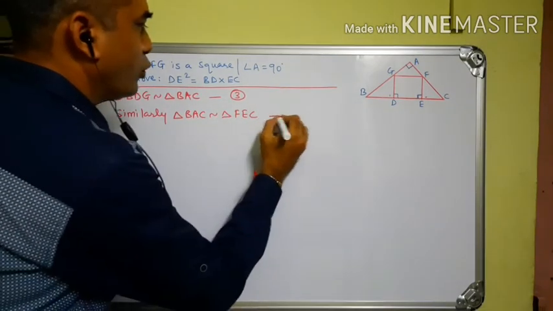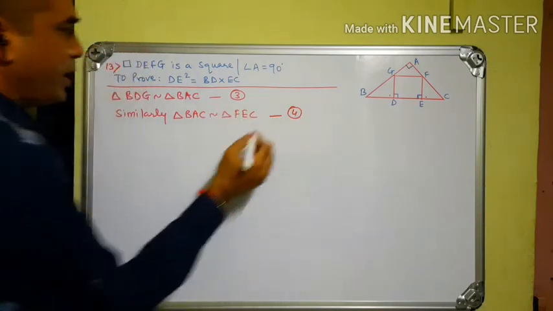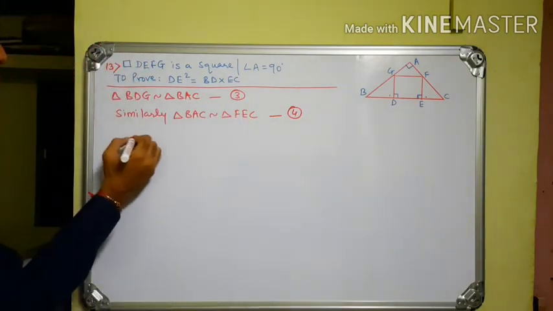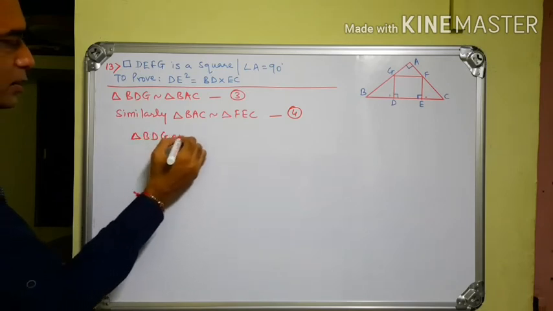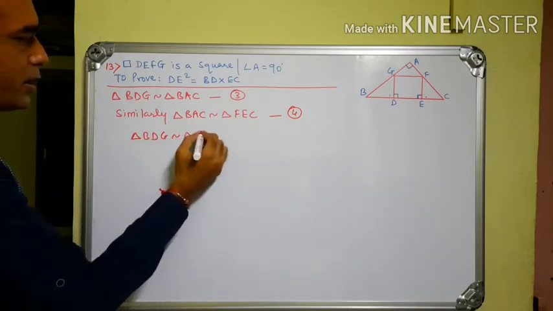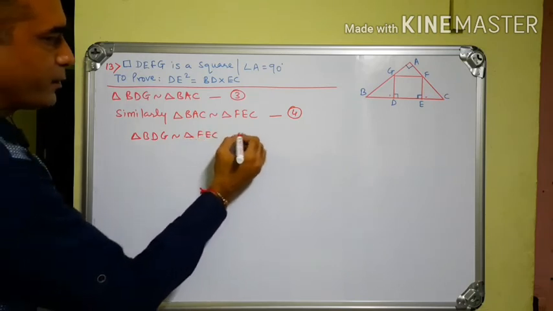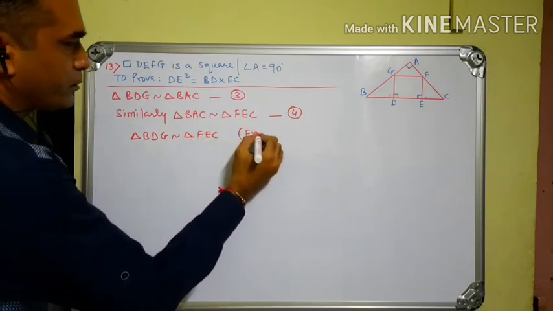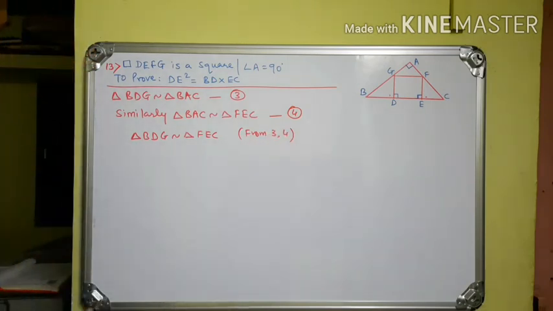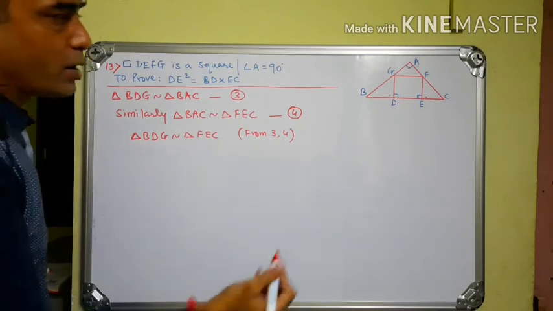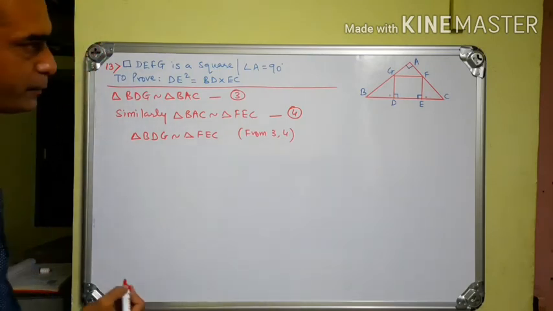This is point number 4, and from 3 and 4 we can write triangle BDG is similar to triangle FEC.